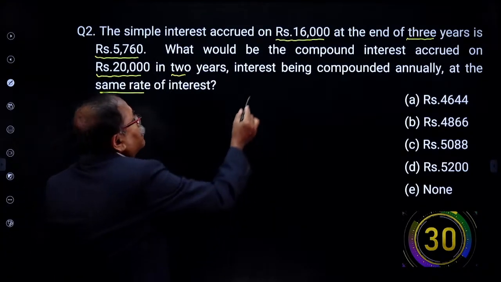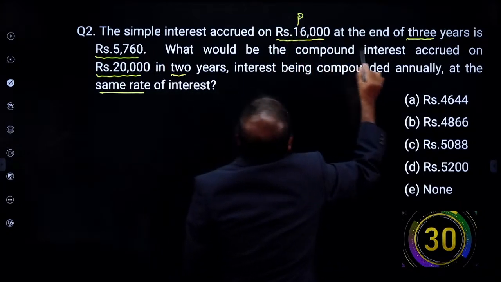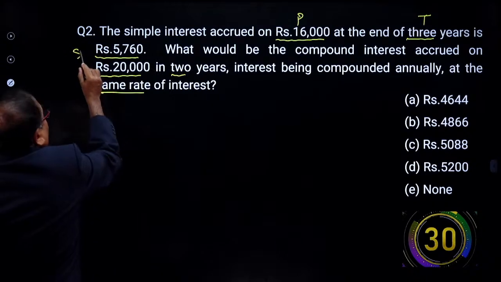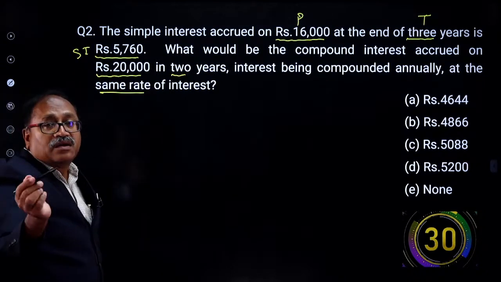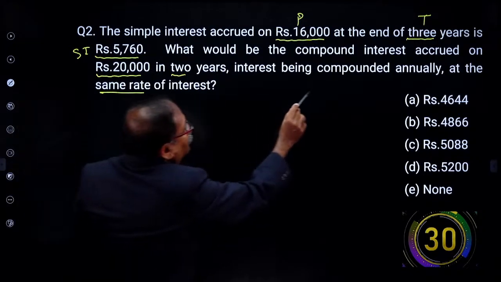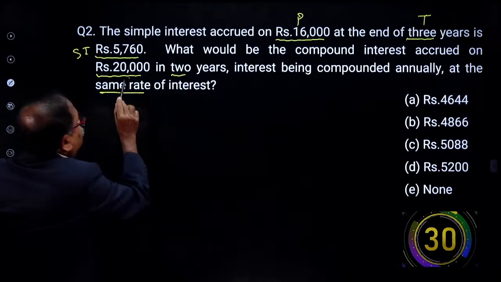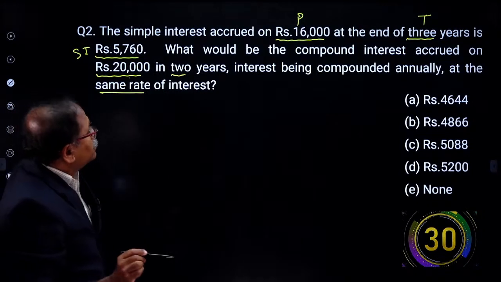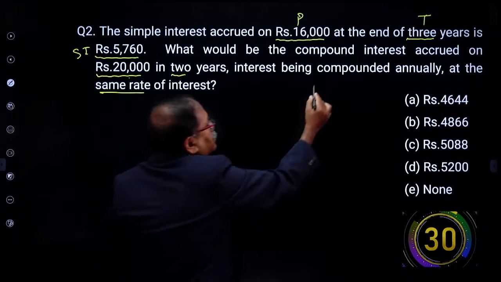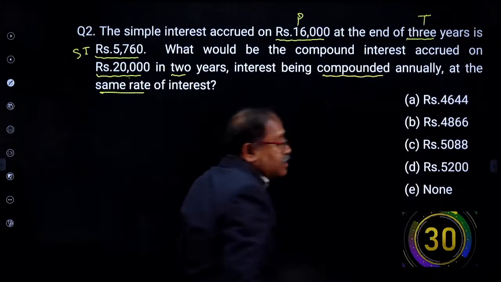I have P over here, I have T, time, here, and I have SI here. So you know how to find out R. Use that R in order to get the compound interest on 20,000. Compound or simple interest? Compound interest. Can you do it? I'll give you 30 seconds.